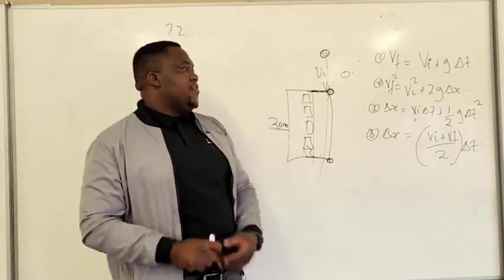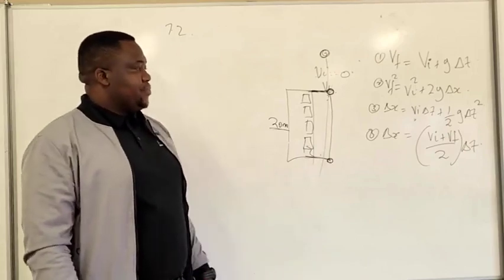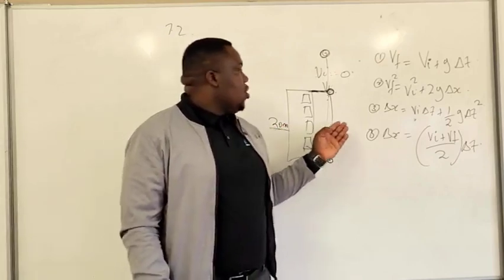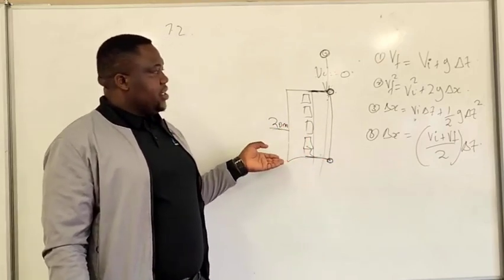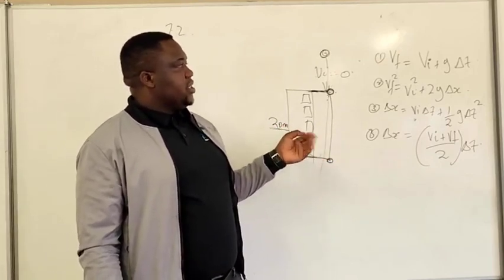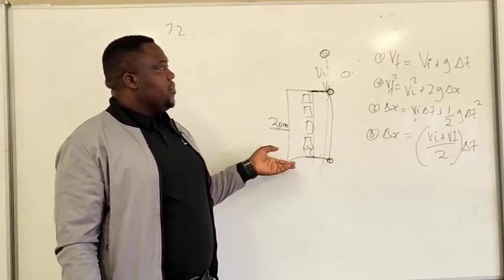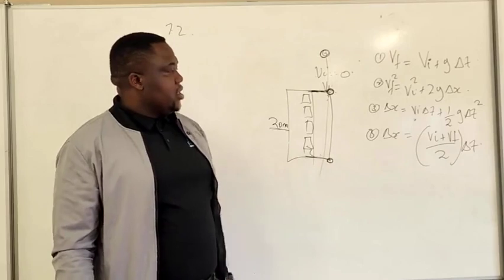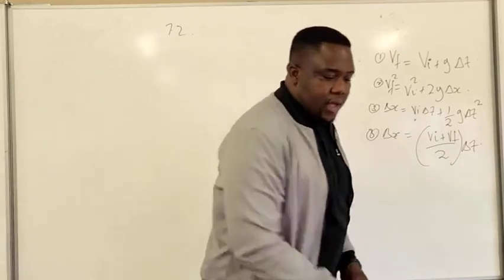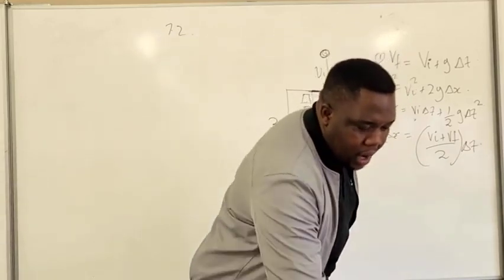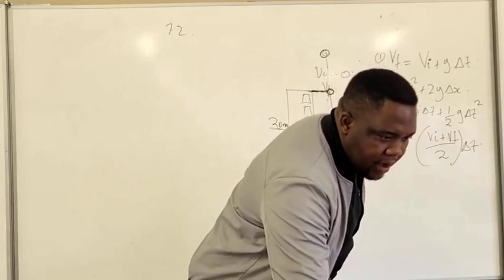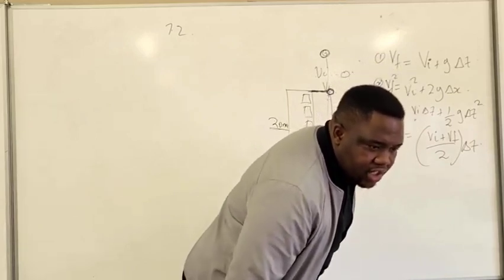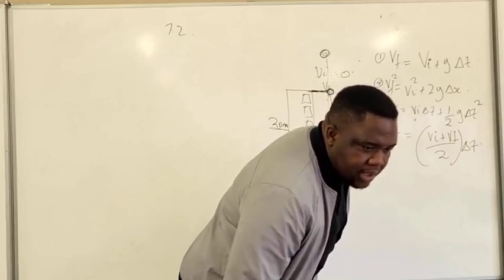So we can choose a formula that has displacement and also the initial velocity. We can choose that one if we want. So let us check these formulas. I'm reading the question again. It says a ball is dropped from the top of a building 20 meters high.